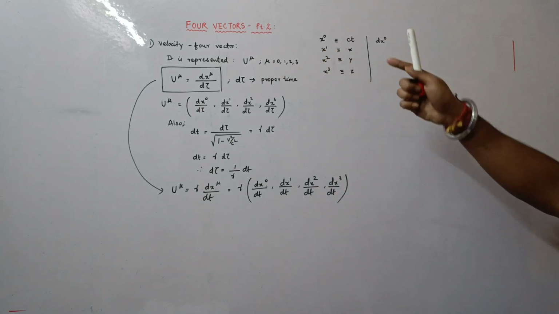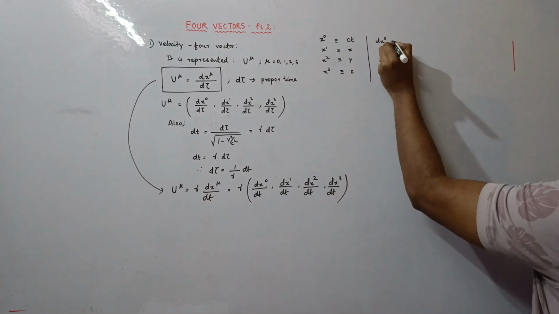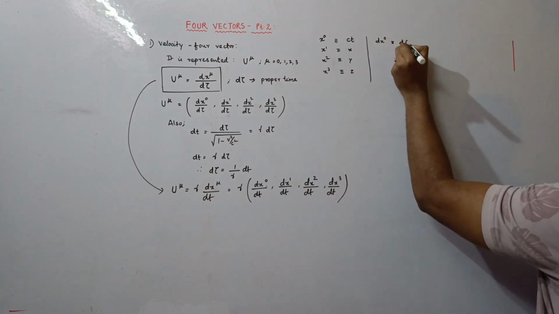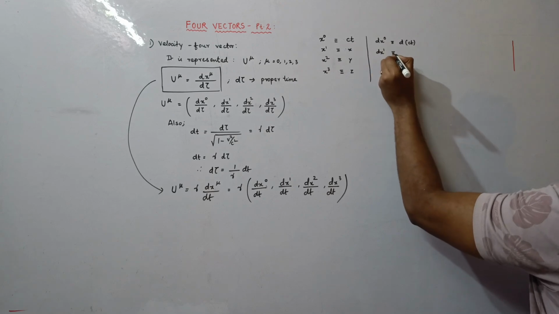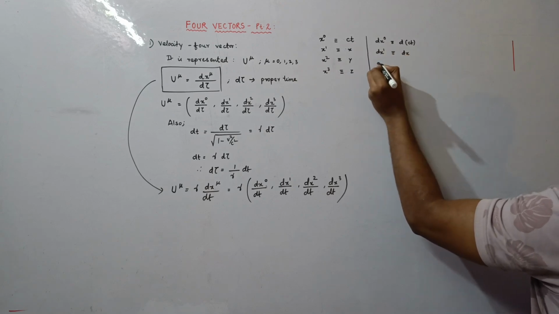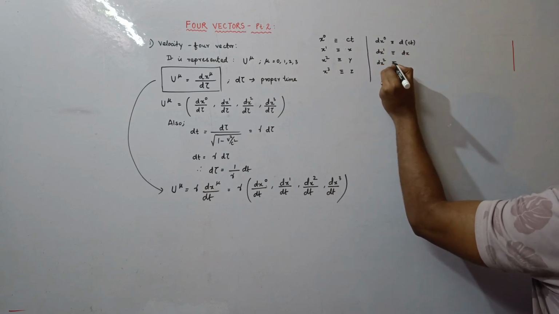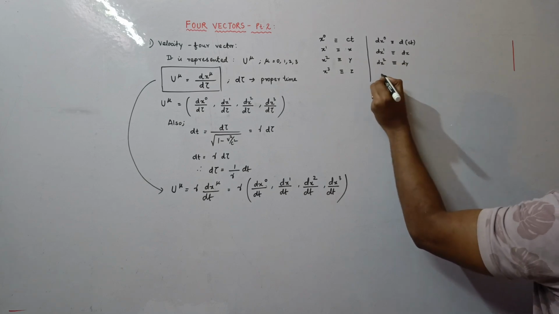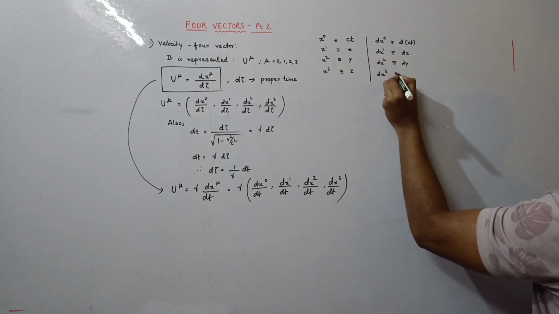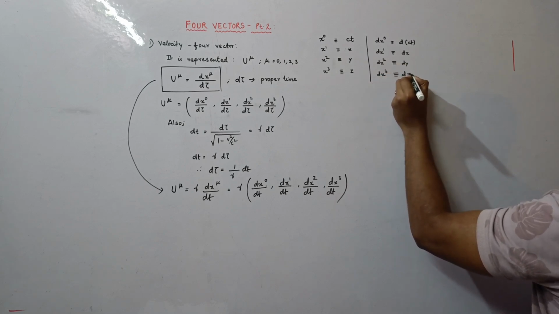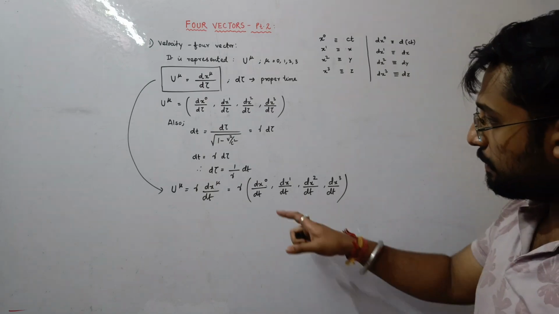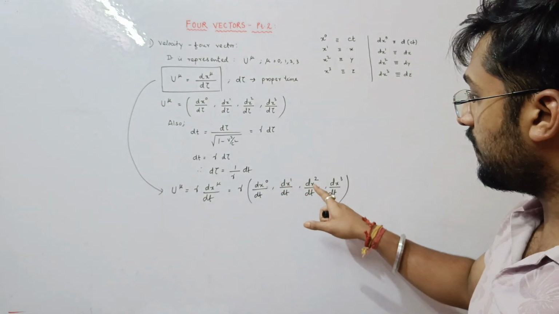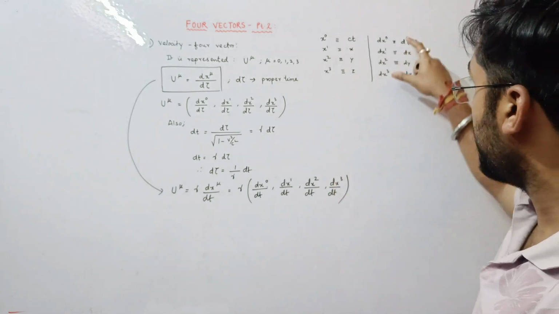So if I take differentials on both sides, dx0 will give you d(ct), dx1 will give you dx, dx2 will give us dy, and dx3 will give us dz. Am I clear?